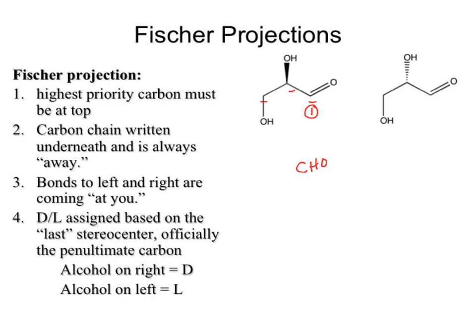That's our aldehyde. Then carbon number 2 will go underneath it, and carbon number 3 will go underneath it. The carbon chain is by definition written so that it is always away from the viewer. With glyceraldehyde, that one's pretty straightforward because our carbon chain is really only looking at that point.